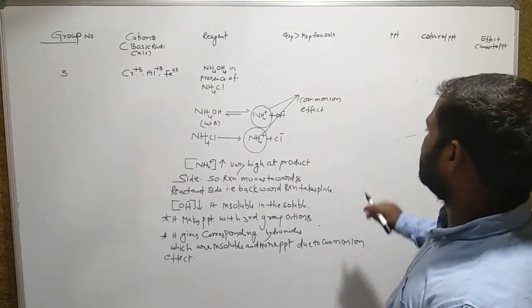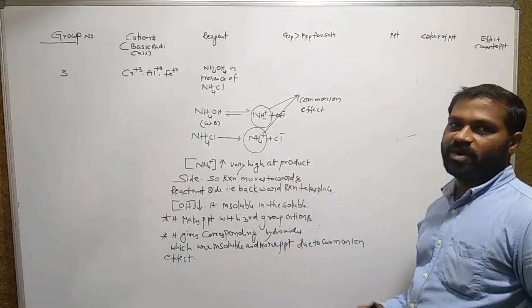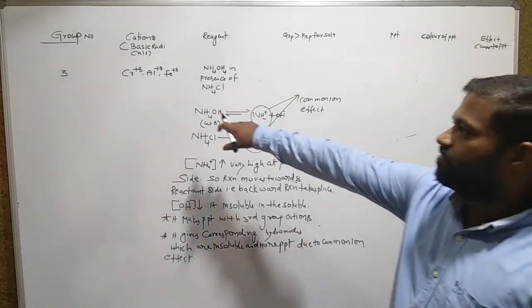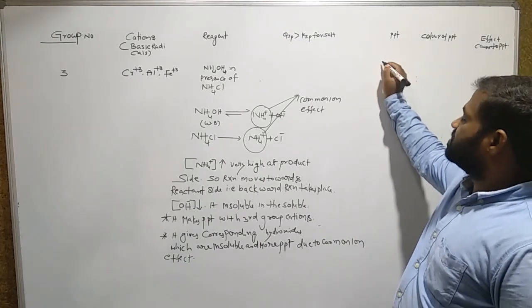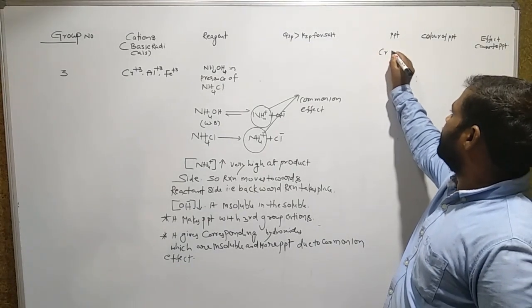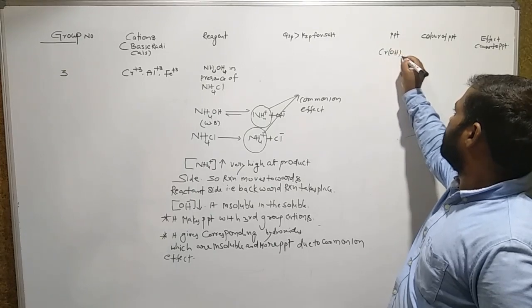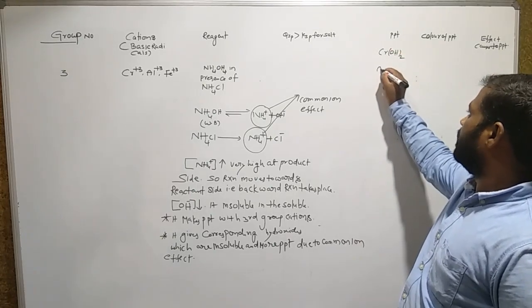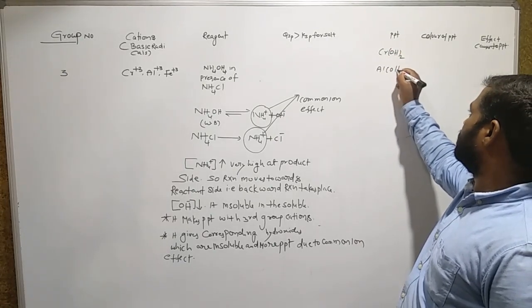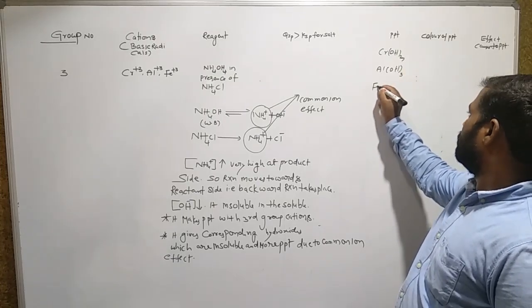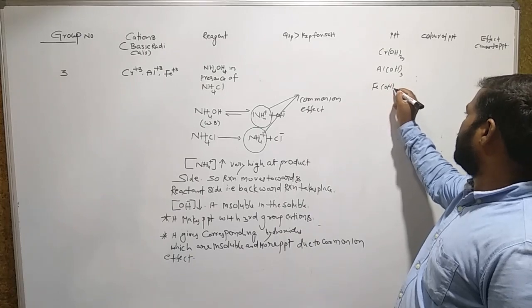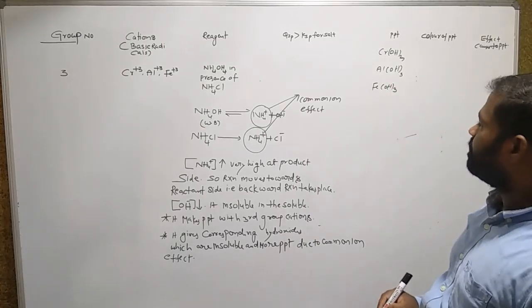So now let's see. Here we have insoluble OH minus ion, and here we have third group cations. Now the PPTs are chromium hydroxide, aluminum trihydroxide and iron trihydroxide. Is it clear up to here?